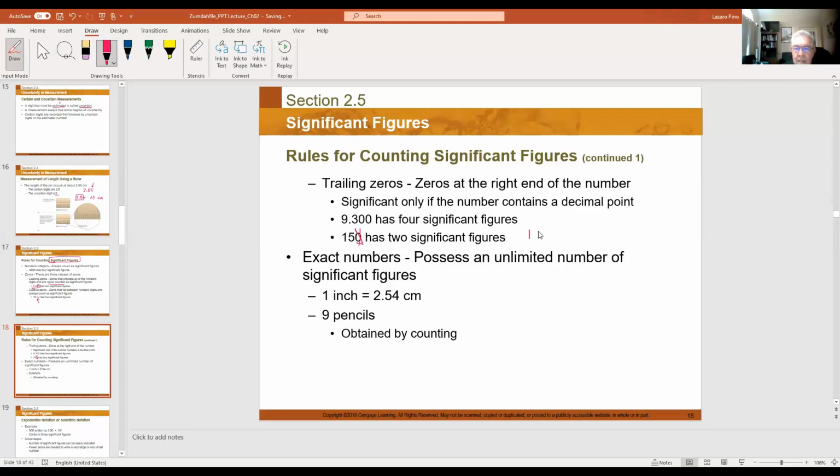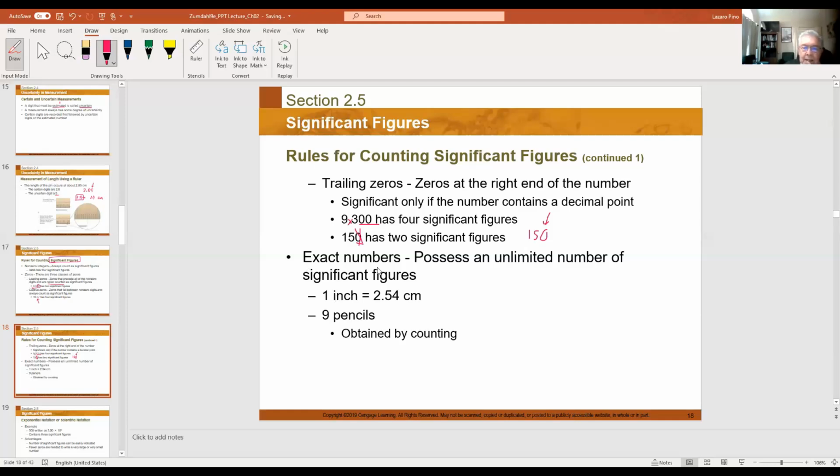It doesn't mean that this number is 15, it's 150. But you don't consider the 0 a significant figure. It's a different concept. But if you have a decimal point and you have trailing zeros, you consider this 0 as significant because of the decimal point.